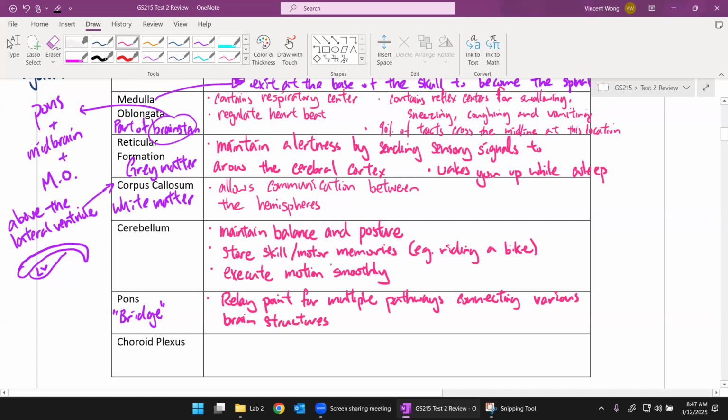Right? If the cerebellum needs to communicate with the frontal lobe, it's gonna have to go through the pons. Right? We have ascending paths that are coming up from the spinal cord, going to the thalamus. It's gonna have to go through the pons. It's a relay station.